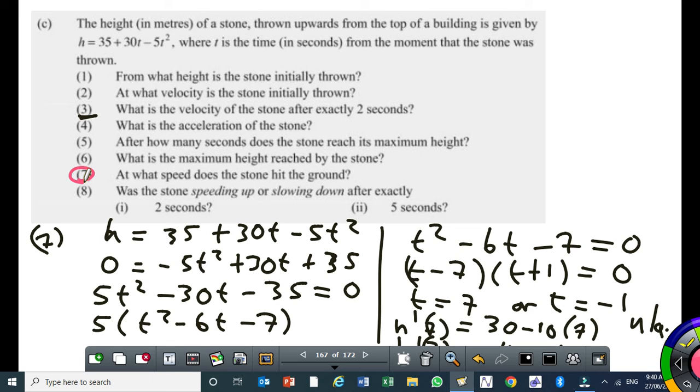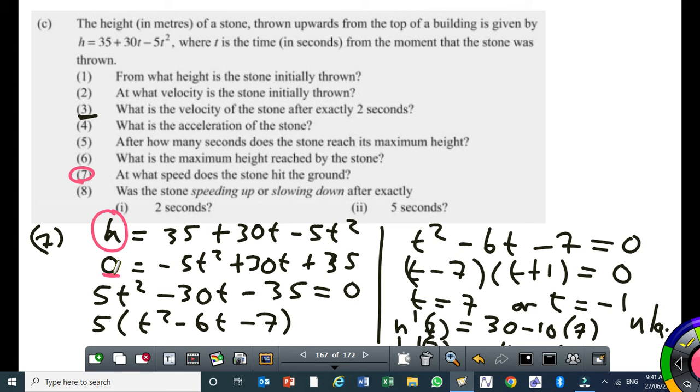Now, to do that, we know that at ground level, the height is 0. So all we have to do is substitute that h by 0. Then we solve the quadratic equation. Remember you are in matric, so you are expected to know how to solve a quadratic equation.